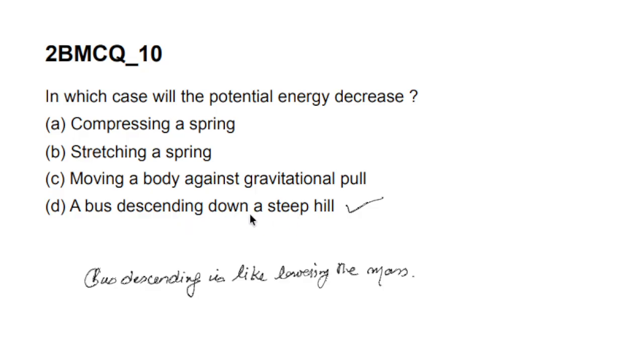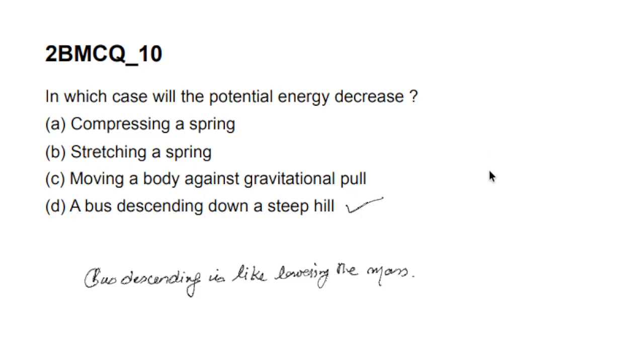A bus descending down a steep hill. When a bus goes downhill, its height decreases, right? So its potential energy also decreases. So D will be the correct option in this case. Think of the bus as a mass being lowered.